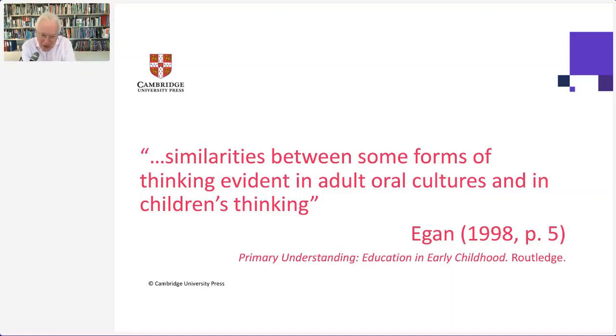And of course, very young children also can't read and write yet. So it's fascinating to look at these two, at so-called primitive cultures, oral cultures, and what goes on in a preschool child's thinking. And that helps us a little bit to understand the importance of stories.